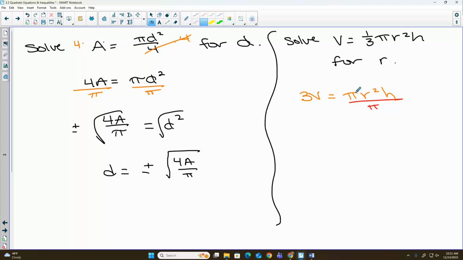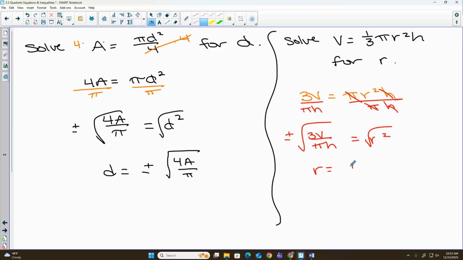Divide by pi. Could I divide by my h at the same time? Yes. You could do it in 2 separate steps or all at once. So 3b over pi h is equal to r squared. And then what would we do? Square root. Since I didn't tell you what the variable stood for, we would need plus and minus.